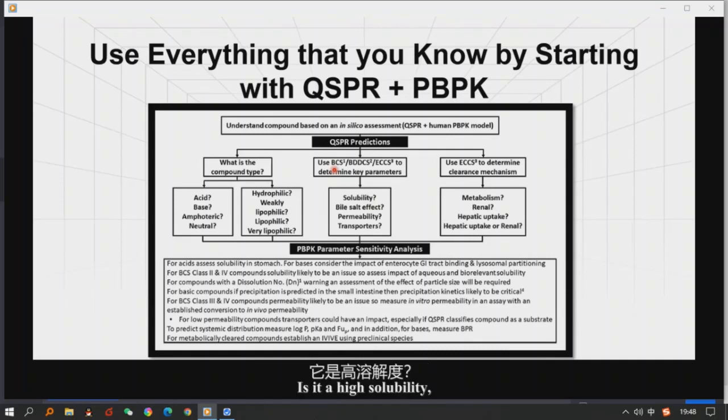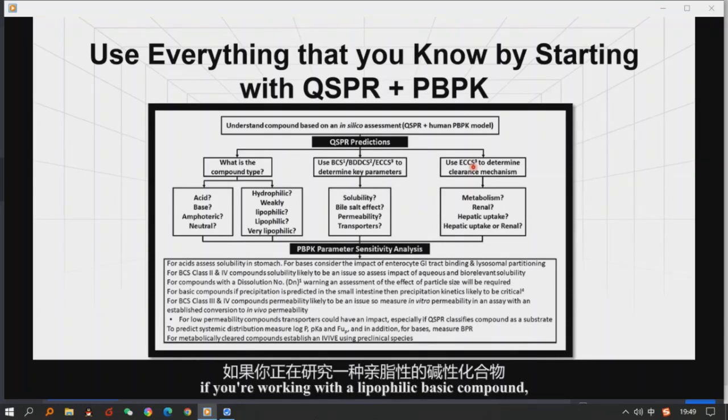Is it a high solubility, high permeability, or is it the more common high permeability, low solubility BCS class 2 compound? And then you can use the extended clearance classification system to determine the clearance mechanism. Is the compound predominantly or most likely to be cleared by metabolism, or is it likely to be cleared by renal elimination?